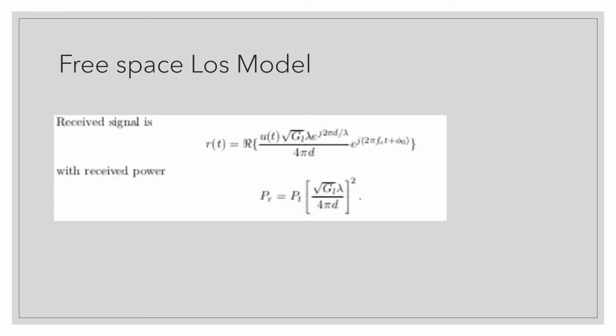The power falls off proportional to the ratio of wavelength over distance squared. The inverse frequency dependence is due to the effective aperture of the receiver. The power falls off proportional to the antenna gain, and this model is not accurate for general environments.